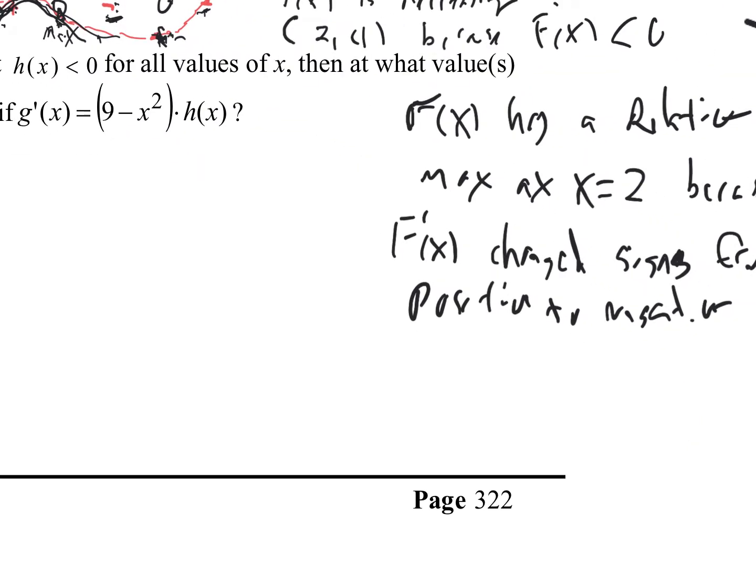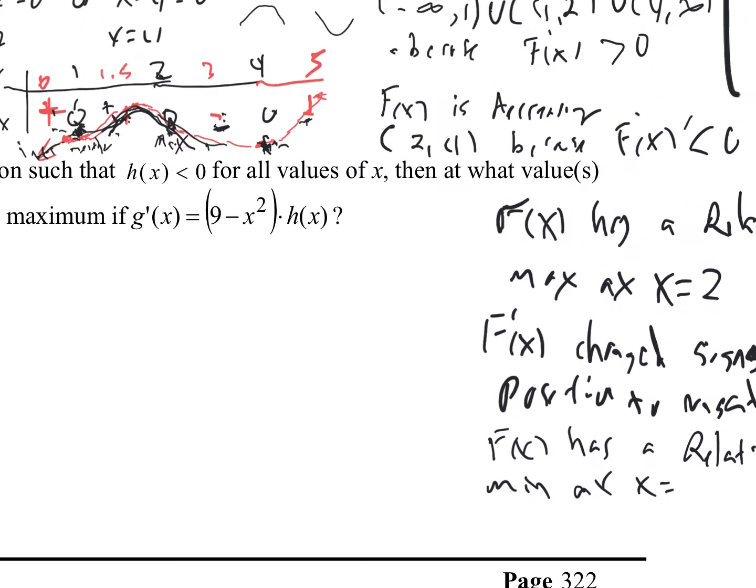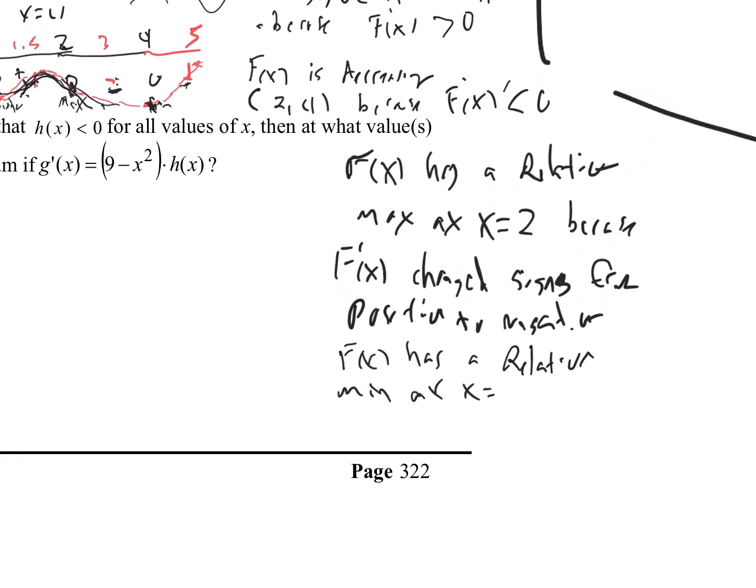And then I'm going to say f of x has a relative min at x equals 4, because that's where it went from negative to positive, remember?